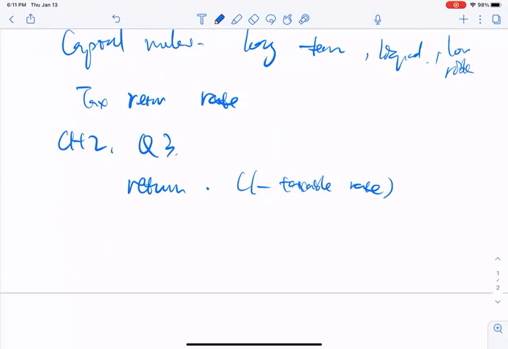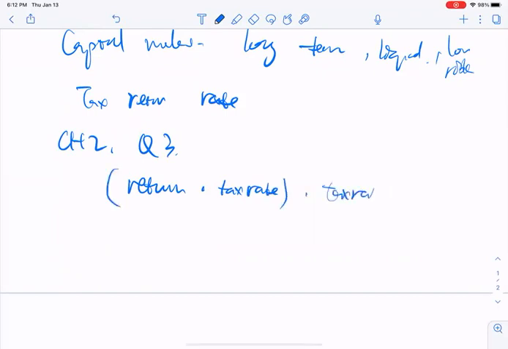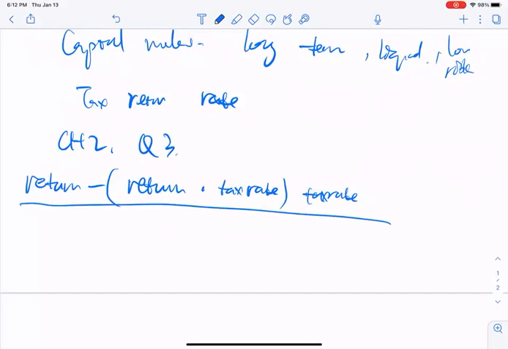So a better way is to say return times one minus tax rate, then over the values you have.